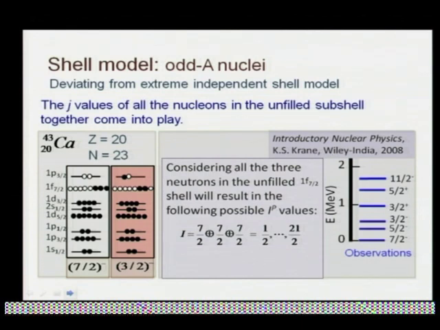So, basically when we compute the total angular momentum of the nucleus, you will have to consider all 3 neutrons, which means there is a 7/2 plus 7/2 plus 7/2 that you have to add according to the angular momentum addition rules. Let us see what it will give you.